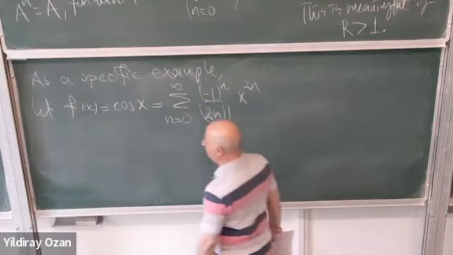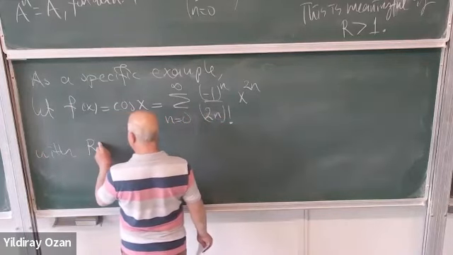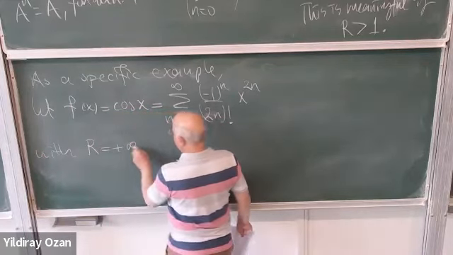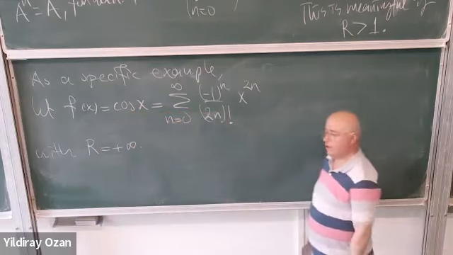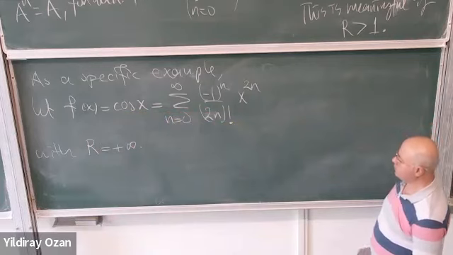The radius of convergence is infinite, right? Cosine is defined for all numbers.